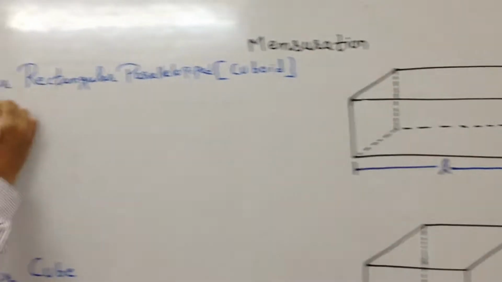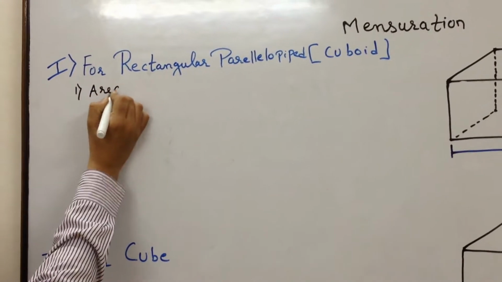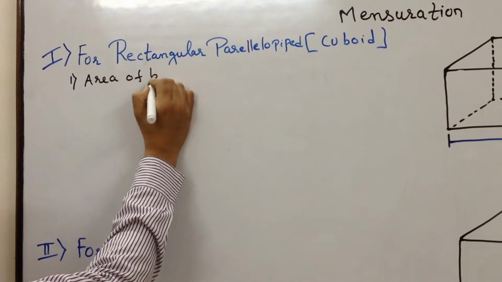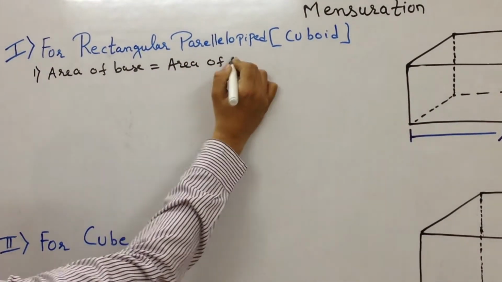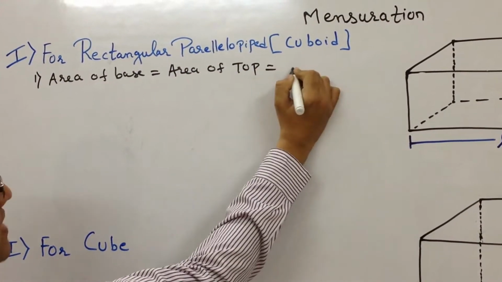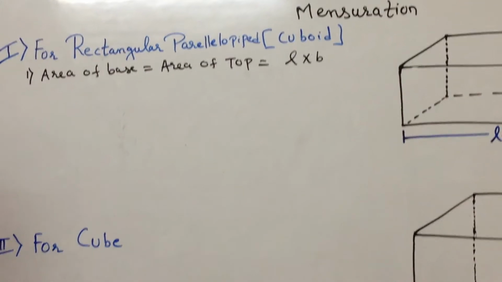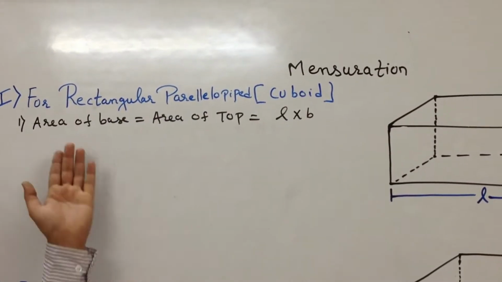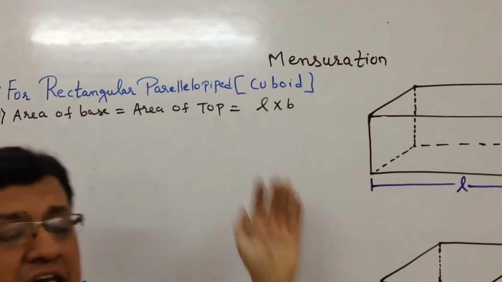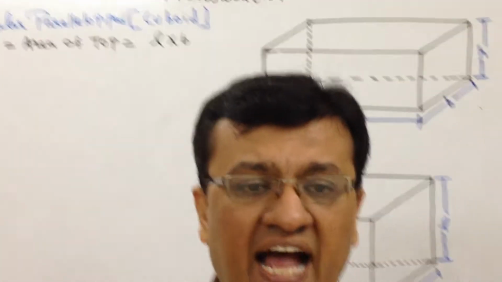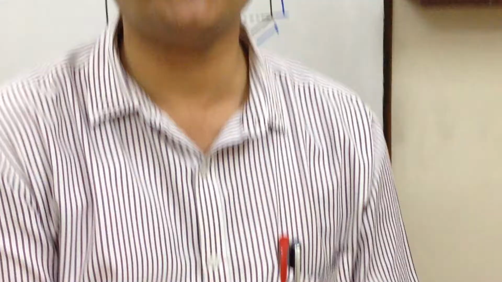So one can say the area of base is equal to the area of top portion, which is length into breadth. When I say area of base is equal to area of top, which is length into breadth, we have talked about the horizontal faces.